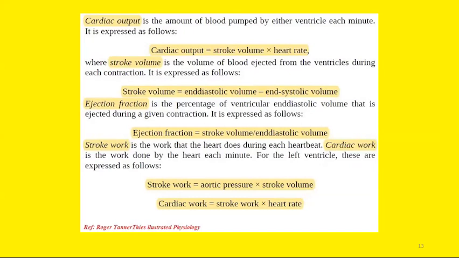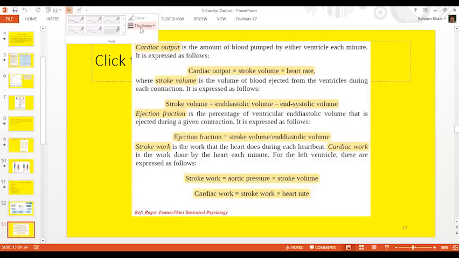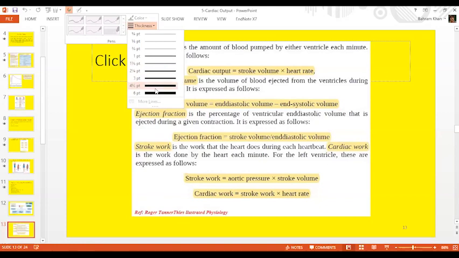Stroke volume is the amount of blood pumped by the heart in one beat. So you must differentiate between cardiac output and stroke volume. The volume of blood pumped by the heart in 1 minute is cardiac output, and the volume pumped by the heart in one beat is stroke volume.